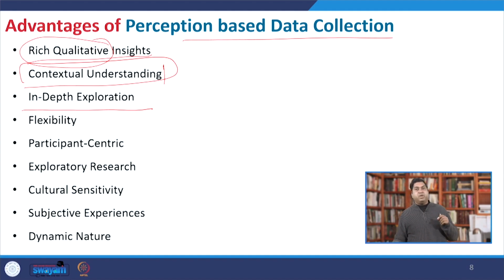Say for example, if you try to understand something new, the area is very new and you probably do not have a structured questionnaire. To start with, to explore this new field of research, you can go with an open narrative based questionnaire as well. In this case, you can take those perceptions one to one.